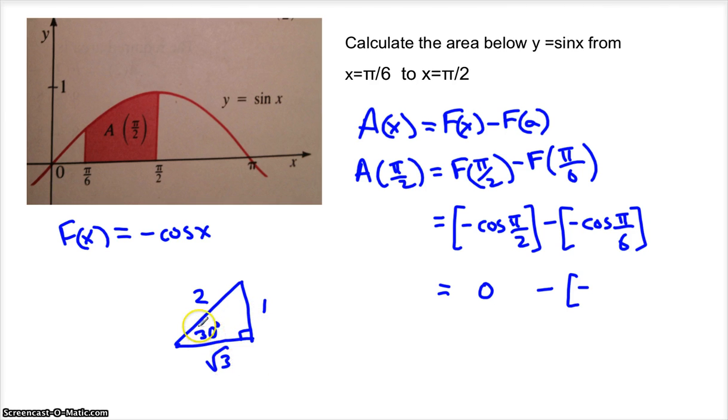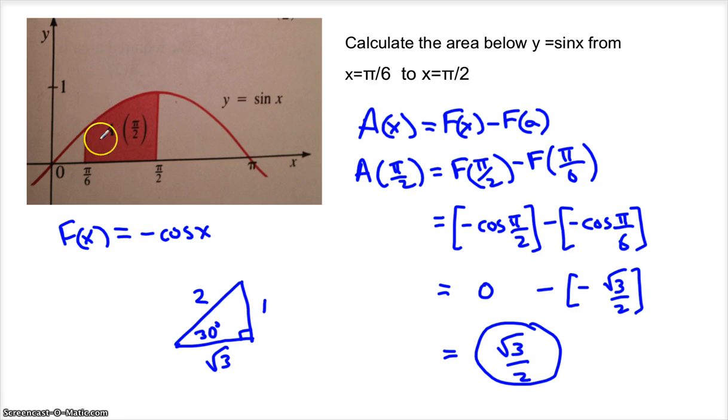So the cos of this 30 degrees is root 3 over 2. So 0 minus the negative of root 3 over 2 is just positive root 3 over 2. So there you have your region is exactly equal to root 3 over 2.